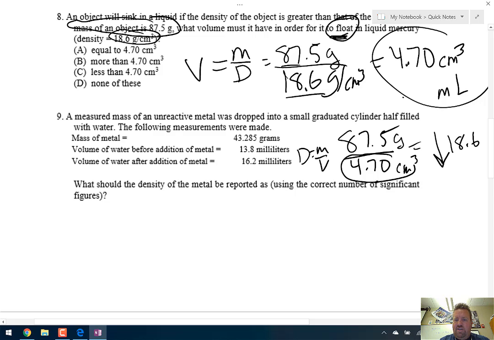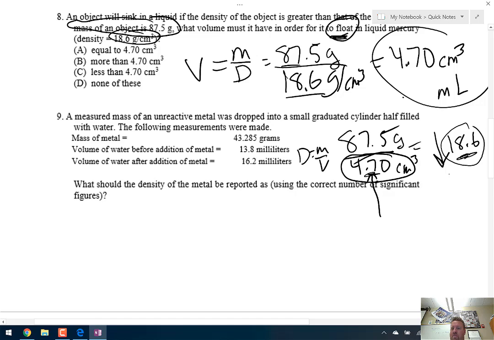You have to ask yourself, what does this number need to be? Does this number here need to get bigger? Does it need to get smaller? Or does it need to remain the same for 18.6 to be smaller? And hopefully you can see, well, wait a minute, in a fraction, to make my answer smaller, the denominator has to be bigger. 87.5 divided by 5 is less than 18.6.